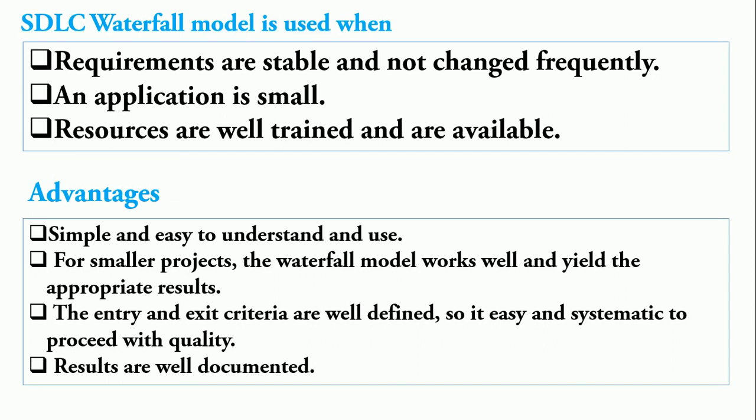In this, entry and exit are well defined. The requirement analysis is your entry and maintenance is your exit point. So it follows a systematic approach. It doesn't mean that from requirement analysis you can directly come to the maintenance stage. And results are well documented, because at every stage we write down what operations have been performed.